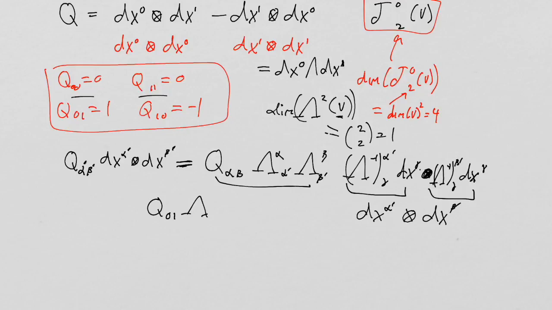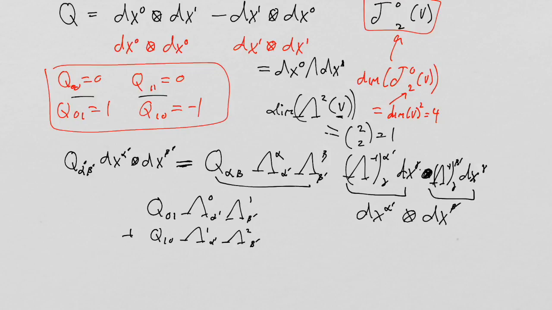That's going to be lambda 0, lambda 1, alpha prime, beta prime. So that's one of the alpha beta combinations. To that, I would have to add q 1,0, lambda 1 alpha prime, lambda 2 beta prime, kind of like that.